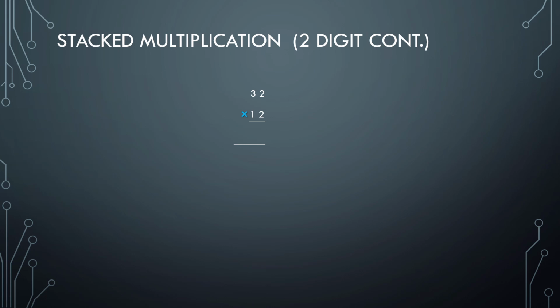The first step is to take the ones digit in the bottom and multiply it by the ones digit in the top. This gives us a 4, and then we need to do the same thing with the ones digit on the bottom and the tens digit on the top. So 2 times 3 gives us 6. Now I like to draw these arrows because at the beginning stages it really lessens the confusion.